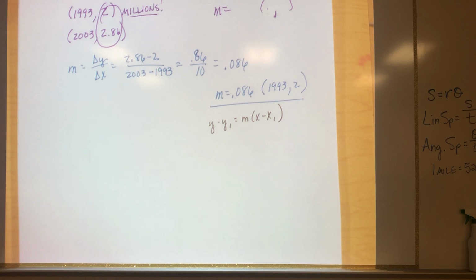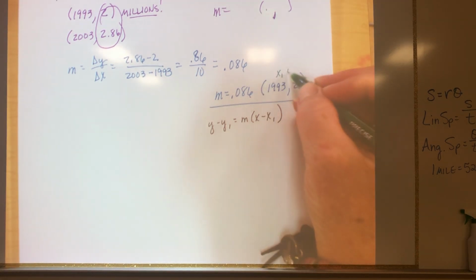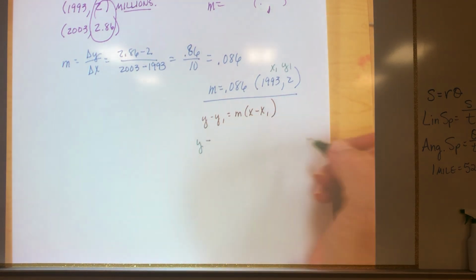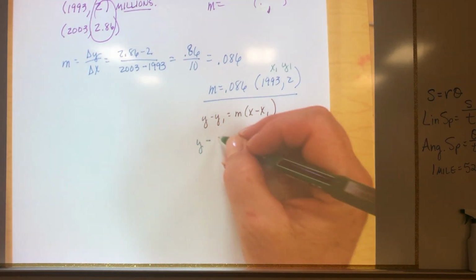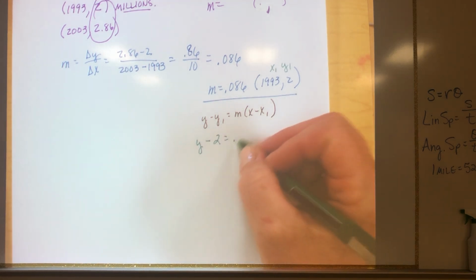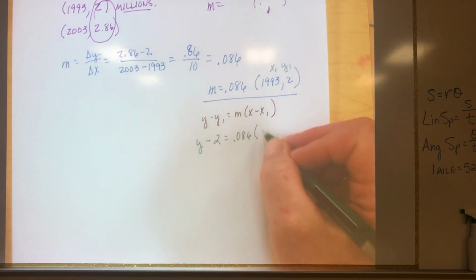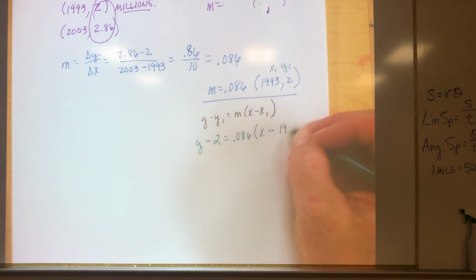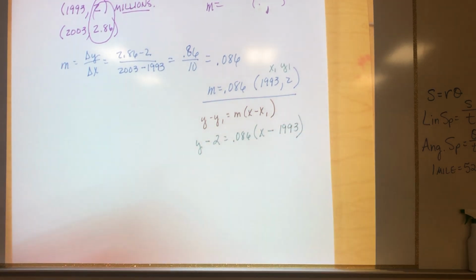I'm gonna plug my stuff in. This is my x sub 1 and y sub 1. So I'll go y minus, what's y sub 1? 2 is equal to, what's m? 0.086 times x minus, what's x sub 1? 1993. All right, what do I always say?